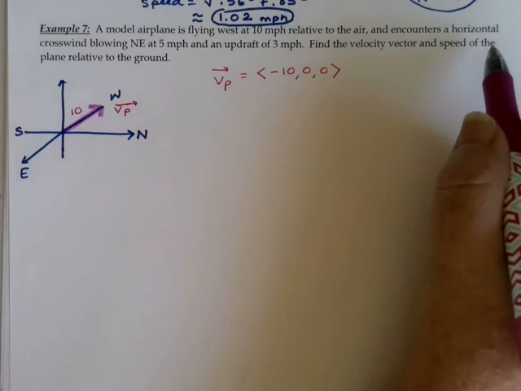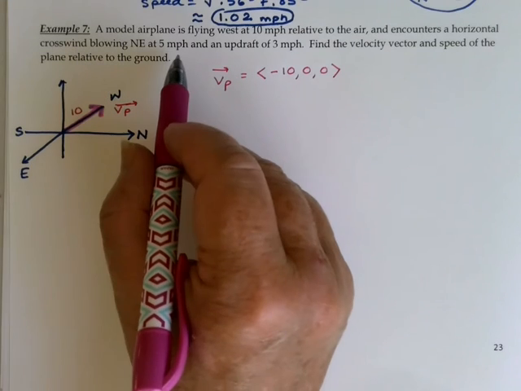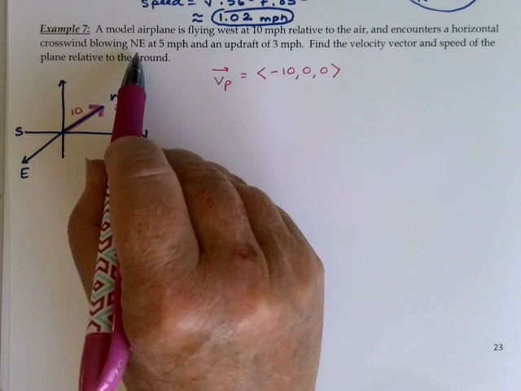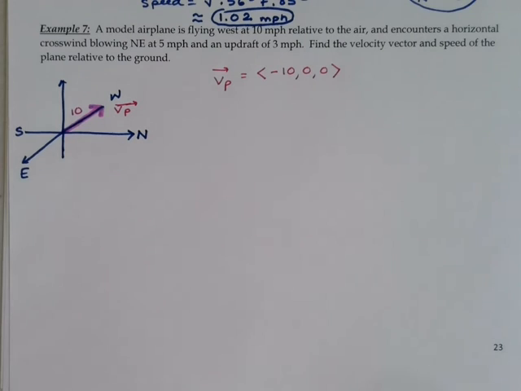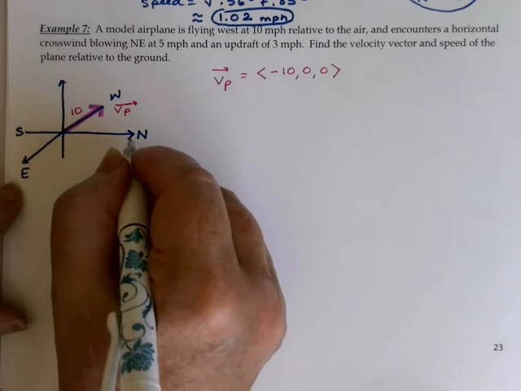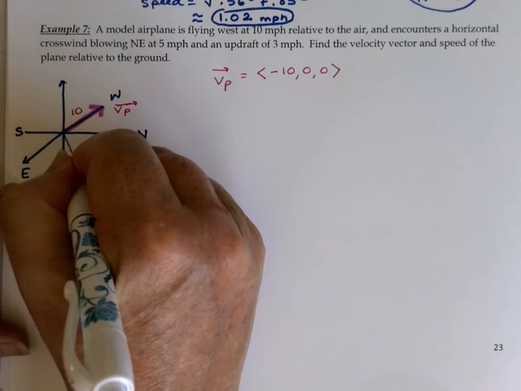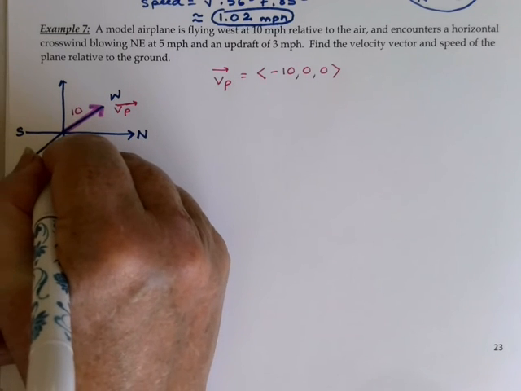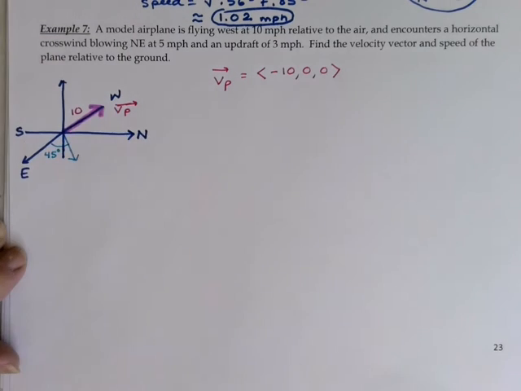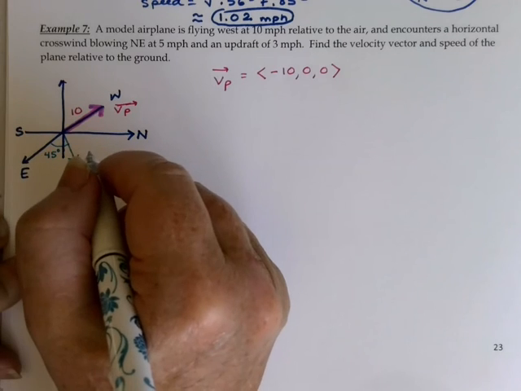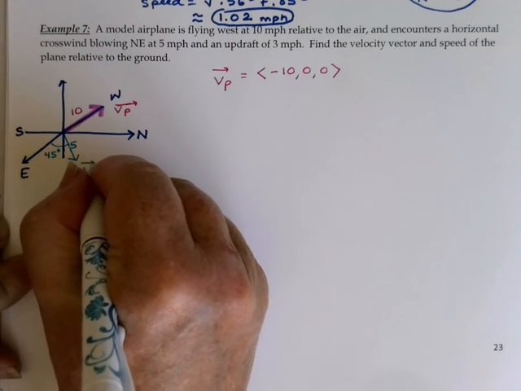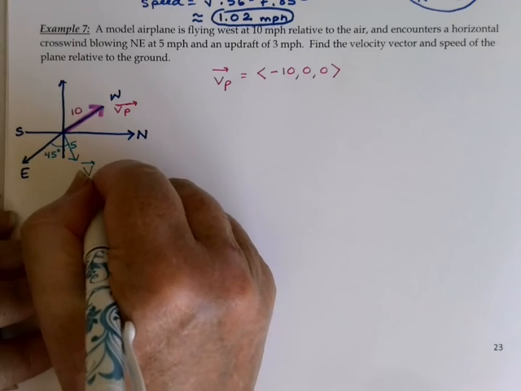All right, next we've got the horizontal crosswind, northeast at 5 miles per hour. Perfectly northeast again tells me I should use a 45-degree angle, so we'll do that. And halfway between north and east, right here, with the positive x-axis, there's a 45-degree angle. And it's 5 miles per hour, so a magnitude of 5. And that's the velocity of the wind. I'll call it VW.